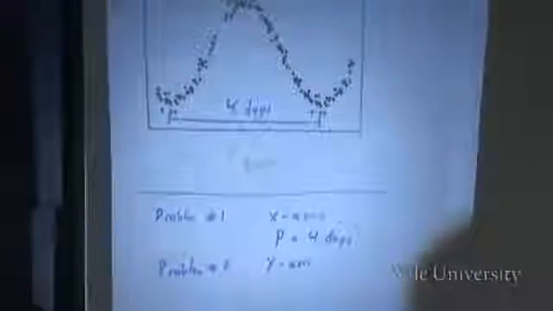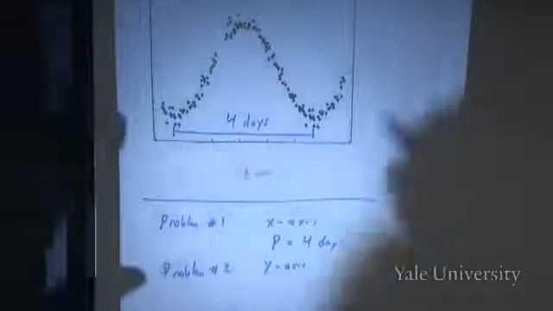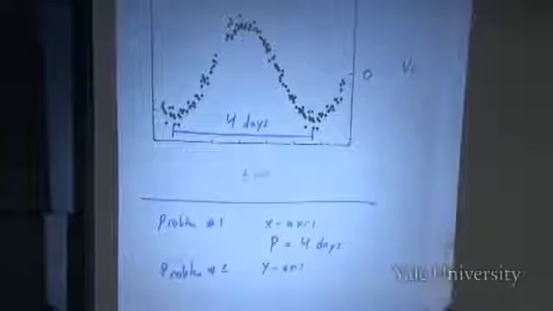Problem number two is the y-axis. And now let me put some units onto this thing. I've done a very bad thing of showing you a graph with no units, but it was just to prolong the suspense here. V sub r, 0. So that's going sideways.